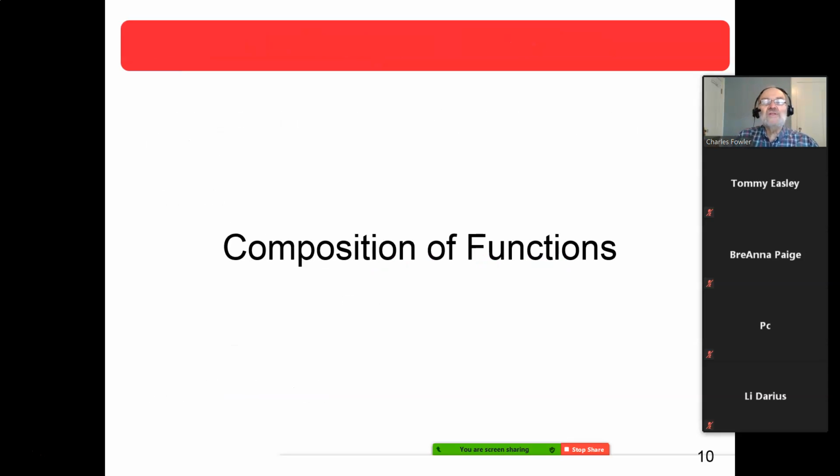Now this is a new concept, not something that you've run into in earlier math. We've added, subtracted, multiplied and divided before. We knew we couldn't divide by 0 before. We knew about domains before, maybe only this term, but we've all dealt with those. This is something sort of new: the composition of functions.